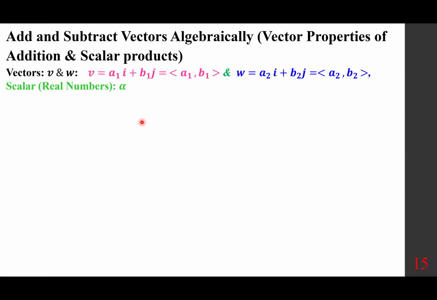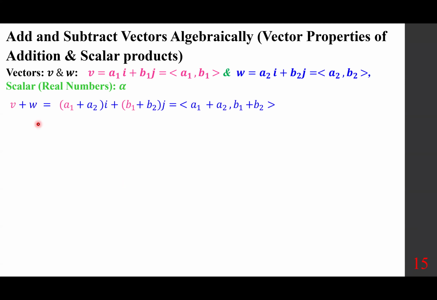All right, we're going to add and subtract vectors algebraically. Vector properties of addition and scalar products have been discussed. So if V is A1 i plus B1 j and W is A2 i plus B2 j, we have the components, and alpha is a number, a scalar.